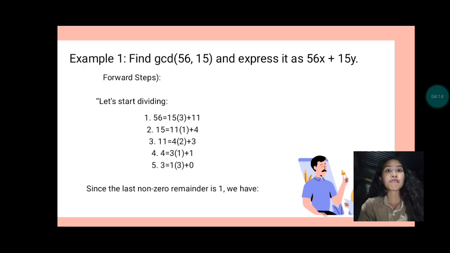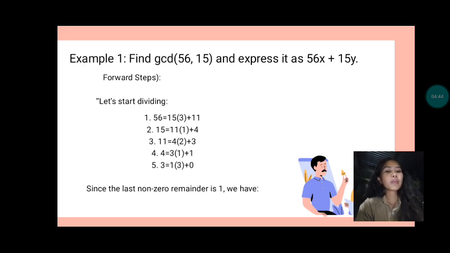We have first 56 is equal to 15 times 3 plus 11, and 15 is equal to 11 times 1 plus 4, and 11 is equal to 4 times 2 plus 3, and then 4 is equal to 3 times 1 plus 1, and 3 is equal to 1 times 3 plus 0.